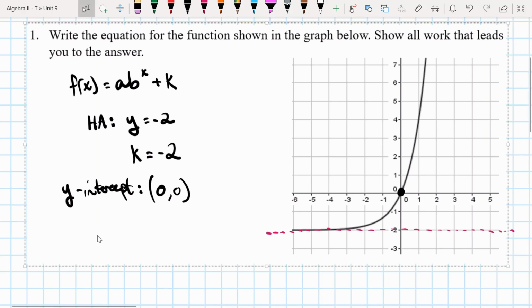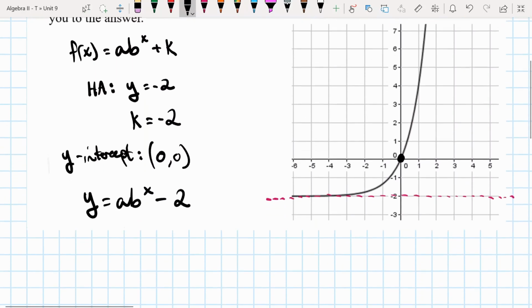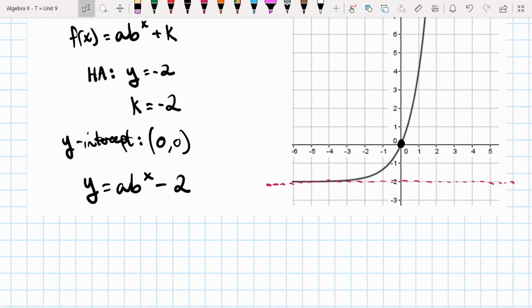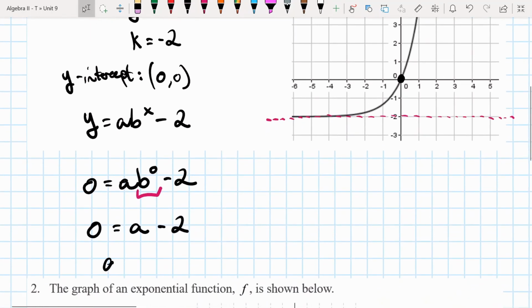So if we know the horizontal asymptote, we can replace the plus k with a minus 2. And now we're going to replace the x with 0 and the y with 0 as well. Well, b to the 0, b is a number. Any number raised to the 0 is equal to 1. So that just becomes 1. And so 0 is equal to a times 1, which is just a, minus 2. And so the a value in this case is equal to 2.